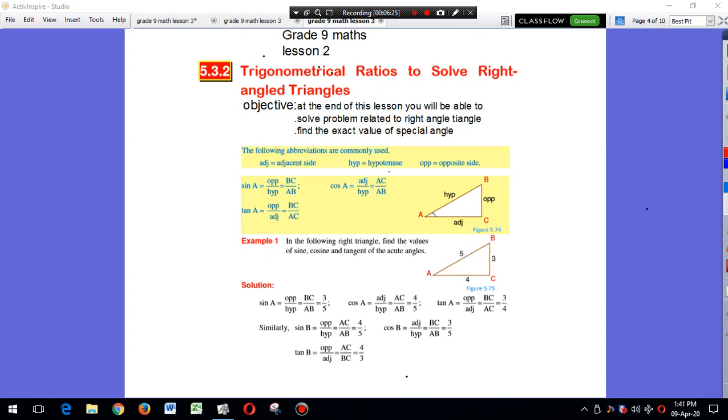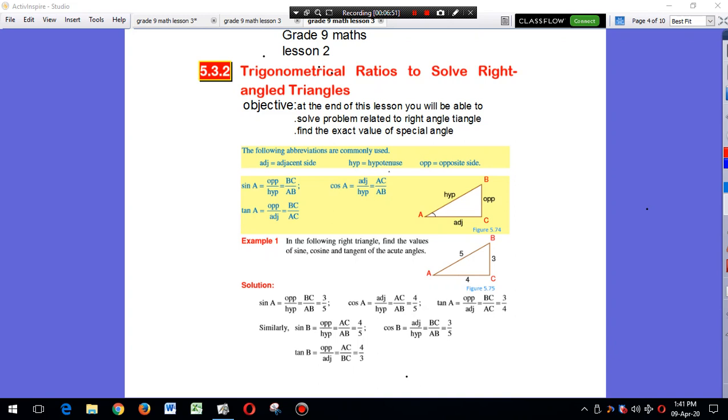And cos B is equal to the adjacent side of angle B divided by the hypotenuse. The adjacent side of angle B is BC, which is equal to 3, and the hypotenuse is 5. So cos B is equal to 3 over 5. The last one, but not the least, tan B is equal to opposite over adjacent.